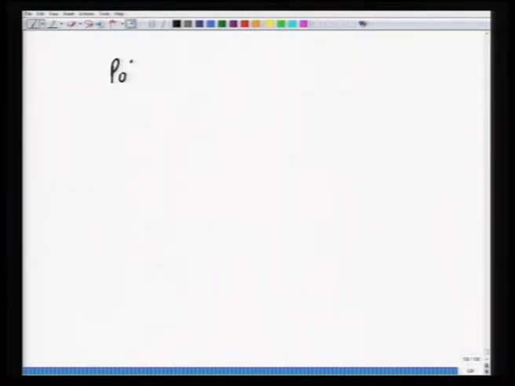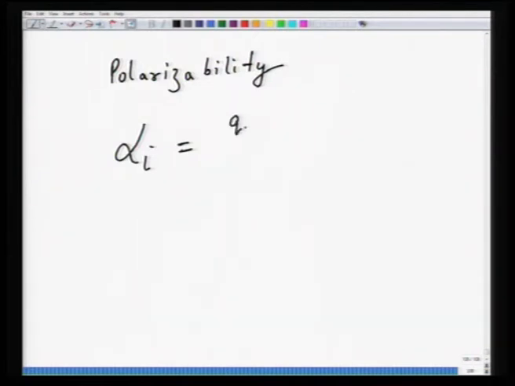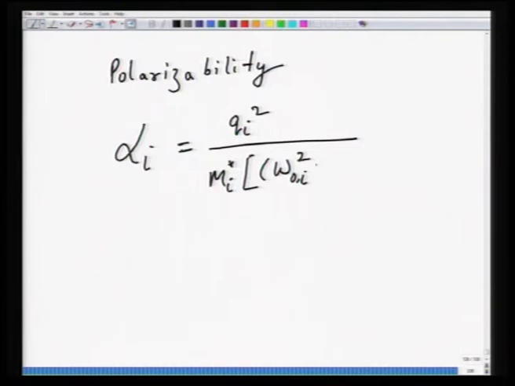So, alpha I is given as q I square divided by m I star into omega naught I square minus omega square plus I gamma I omega.